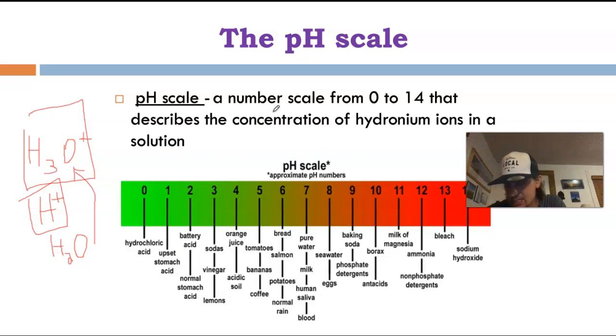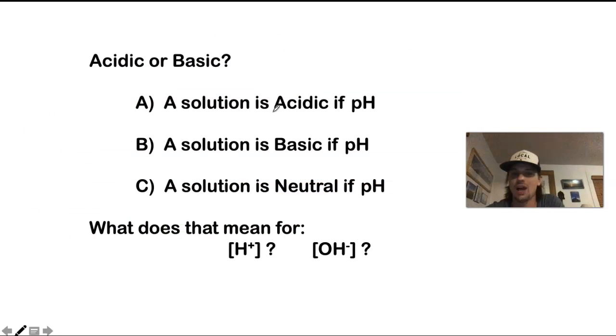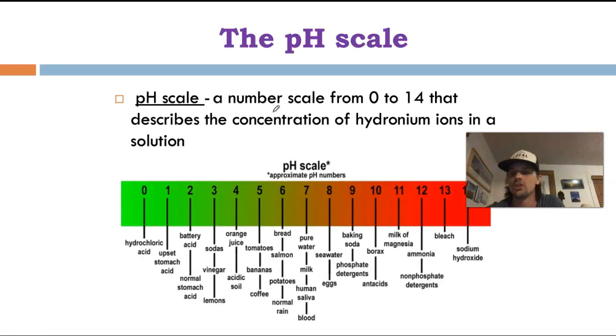This number scale helps us simplify this concentration. In order to simplify it, we're going to do a small calculation to get this whole number. Yes, it can have a decimal, but typically we can simplify it and just call it the closest whole number to really understand how acidic or basic this substance is. Here we see how acidic or basic common things that we deal with are. Water, milk, human saliva, and blood should be somewhere around 7.